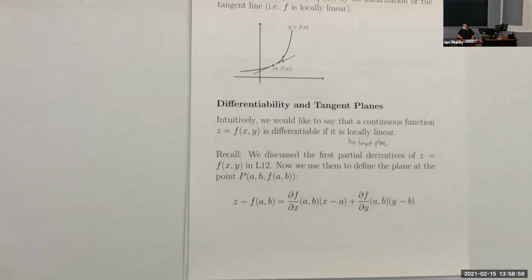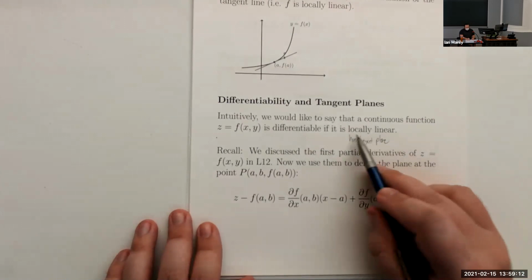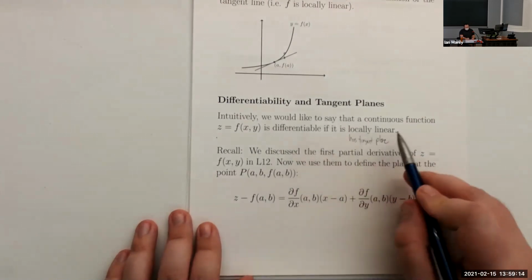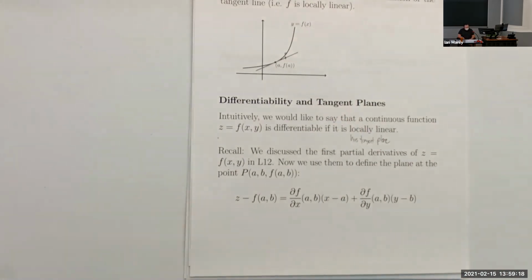There's a more technical version of differentiability, but we're not going to deal with that because it has a lot of epsilons and deltas and some linear algebra baked in. So we're not going to do the rigorous definition, but we'll say something's differentiable if it's locally linear, meaning you can approximate it with a tangent plane.